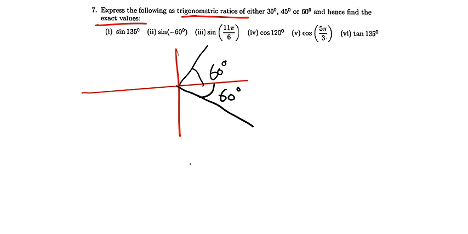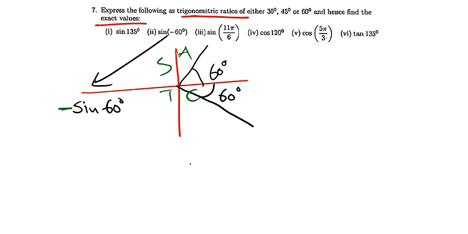No need of any subtractions. So sine of negative 60 is the same as sine 60. Now the sign. What is positive in the fourth quadrant? All students take calculus. Cosine is positive, so sine is negative.